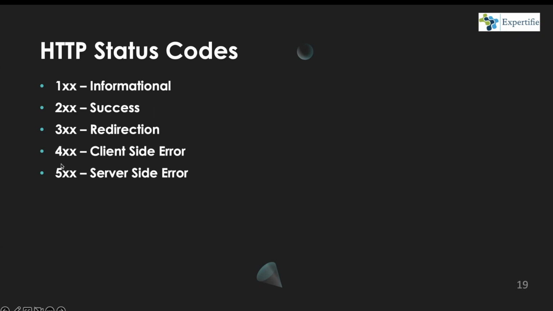And if there is an issue with the client side data, we should always send 4xx to indicate that this is a client side issue. And if there is anything wrong at the server side, we would use 5xx.